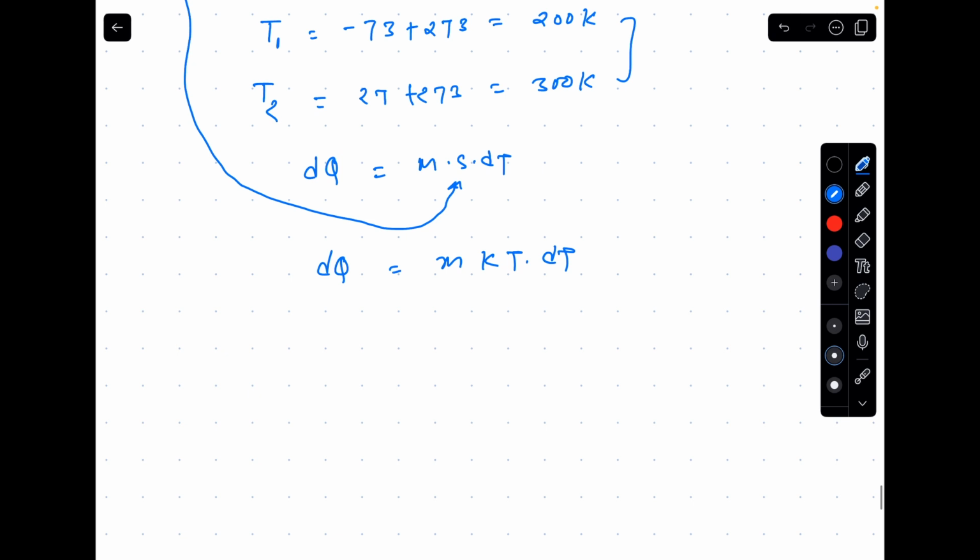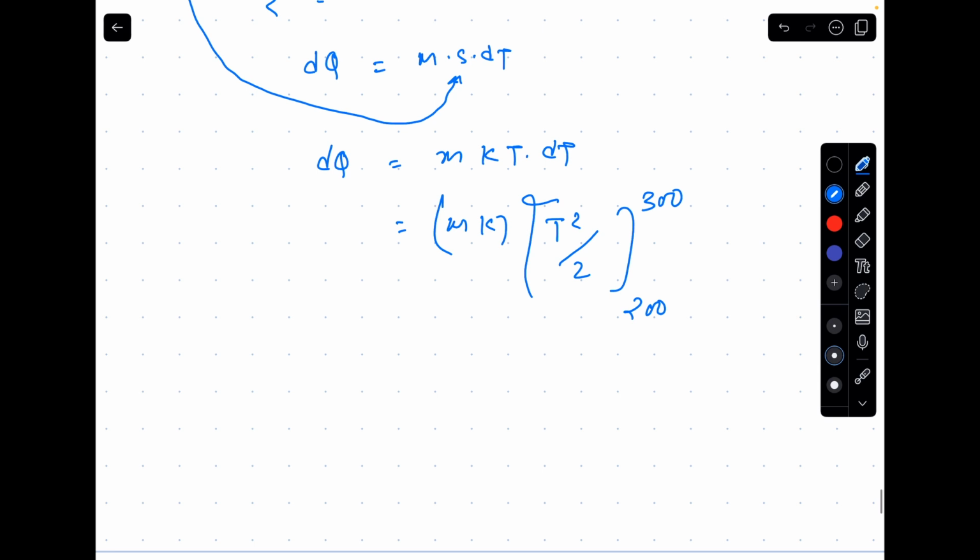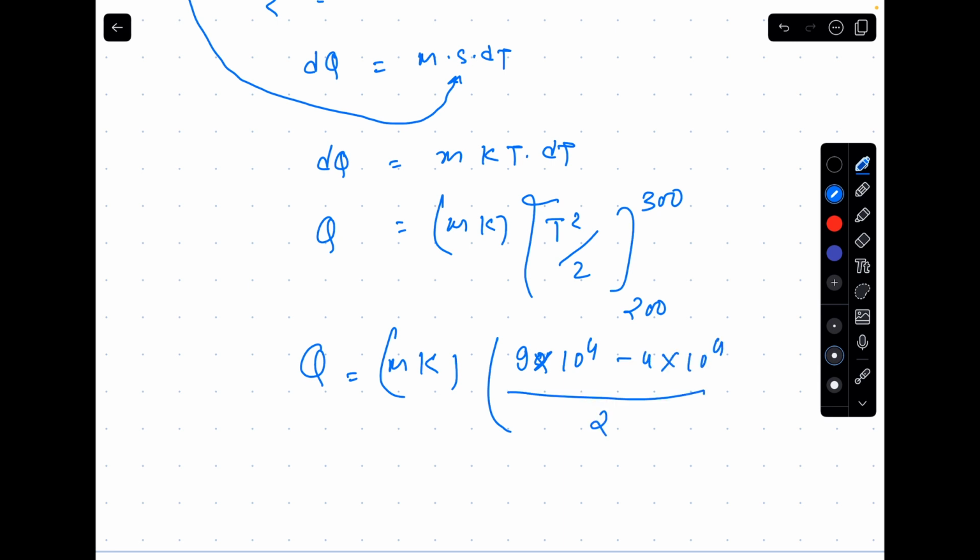Alright, here we have mk as constant. Let's take it out, and the integration of this one will be T square divided by 2, and we have the limits from 200 to 300. This is our total Q. Q is mk and the limit is 300, so that is 9 multiplied by 10 to the power 4 minus 4 multiplied by 10 to the power 4, divided by 2.